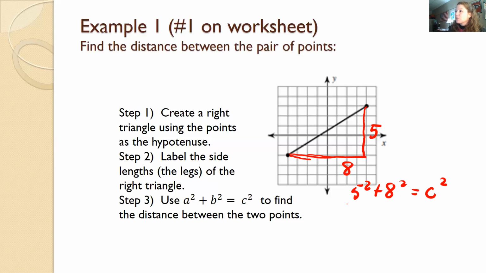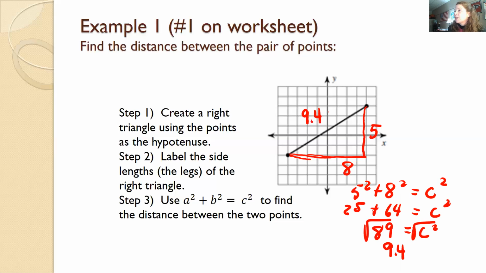So 5 squared is 25, 8 squared is 64, and 25 plus 64 is 89, and I'm going to find the square root of both sides. So the square root of 89 is about 9.4. So that line is about 9.4 units.